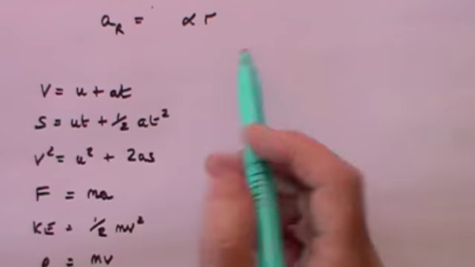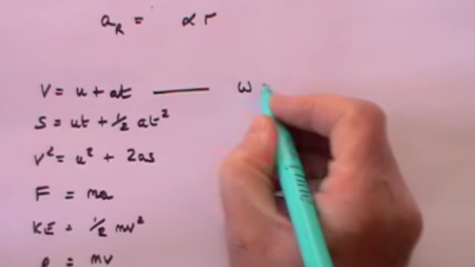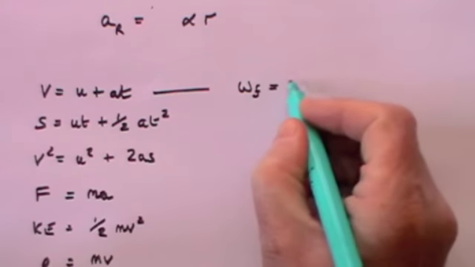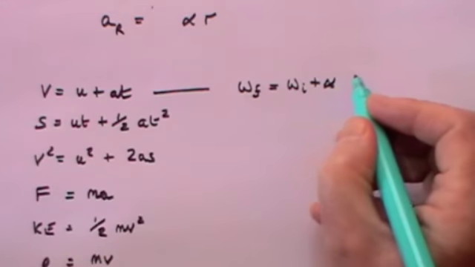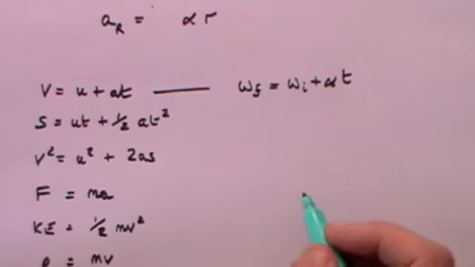And what you will end up with is that the final angular velocity is equal to the initial angular velocity plus the angular acceleration times time.